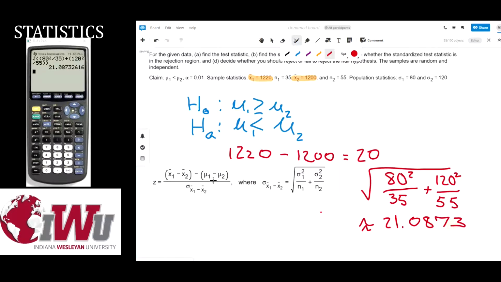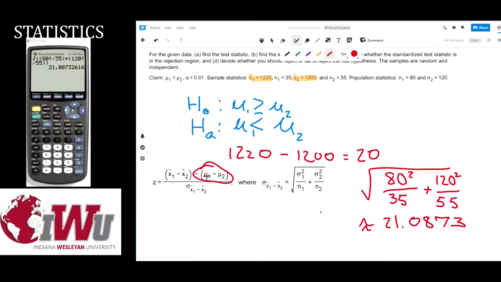So that's just the bottom part here. The top part's not very complicated, we're just subtracting, but that's the bottom part. Now this is where we come across an assumption. The null hypothesis basically assumes that those means are equal, or greater than or equal, but in essence equal. So when subtracting, if they are equal, this would be 0.